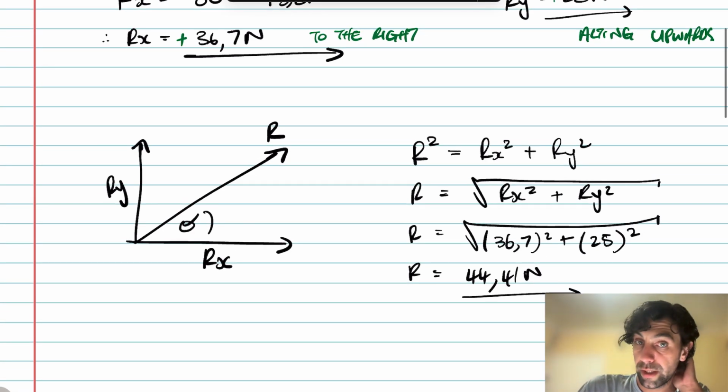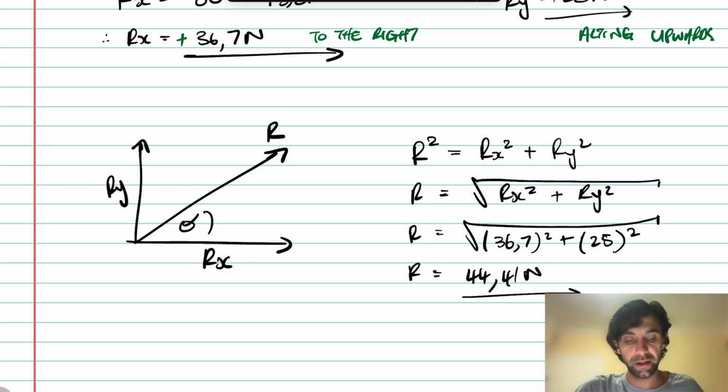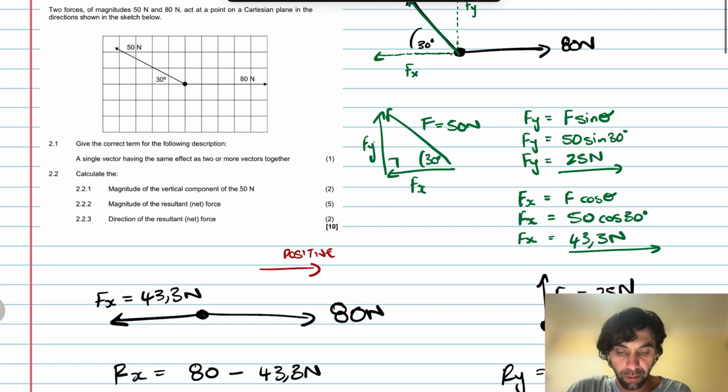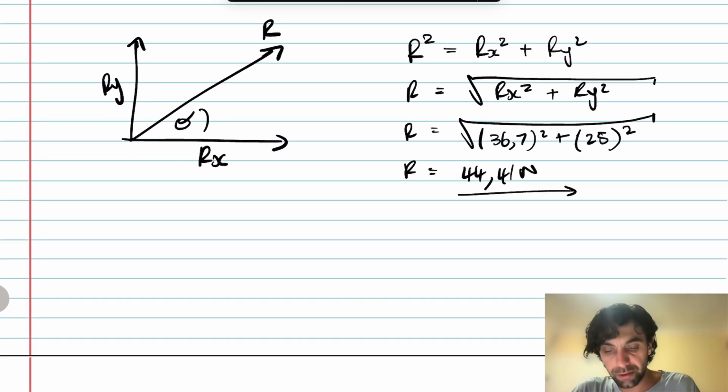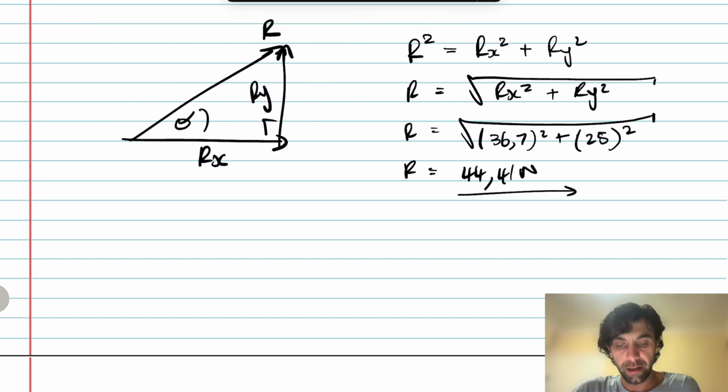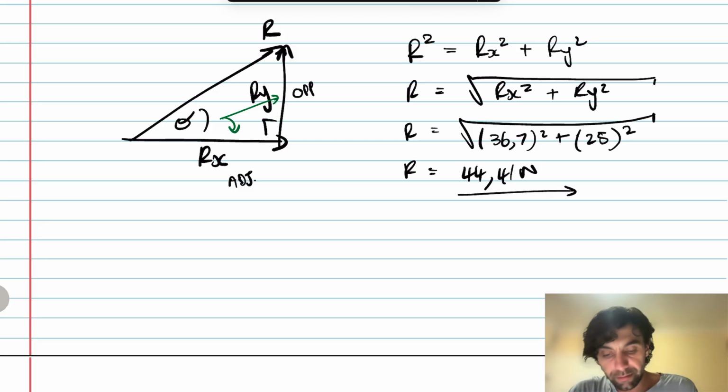Now, we can't specify exactly which direction it is moving in because we haven't figured out what theta is. So for the next question, we want to know the exact direction of the force, and then we can describe it completely. We're going to use trigonometry to do that. Again, you can make yourself a little triangle like this if it helps you. I'm going to use Ry and Rx to solve this problem. That is the opposite and the adjacent sides. And if you know your trigonometry, you know that tan of theta is equal to the opposite over adjacent.